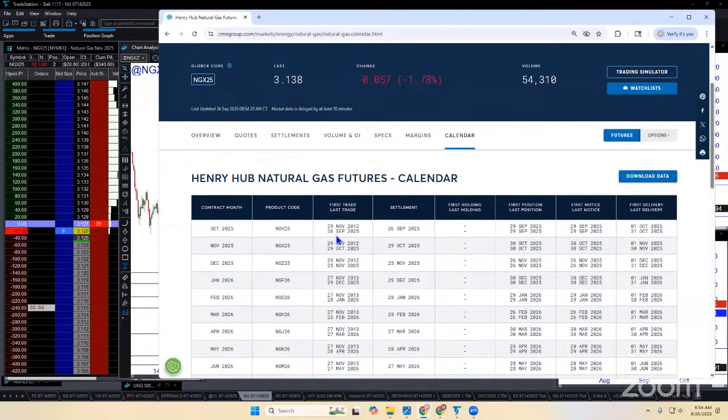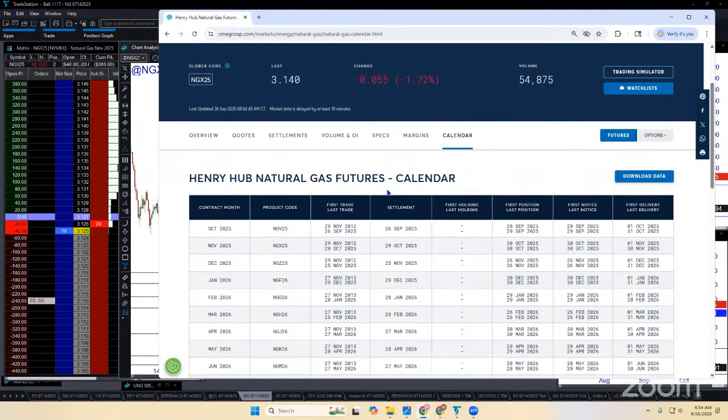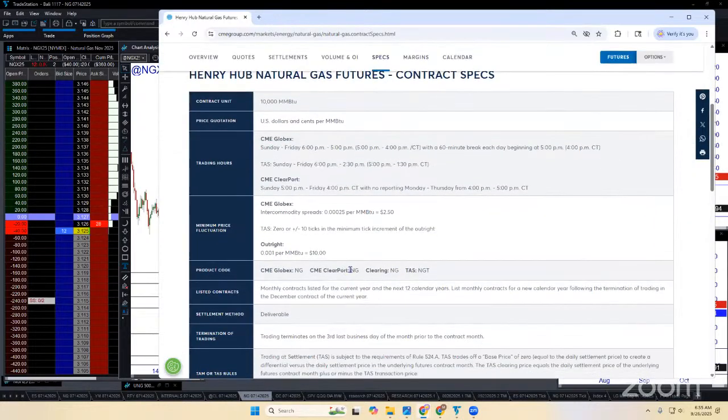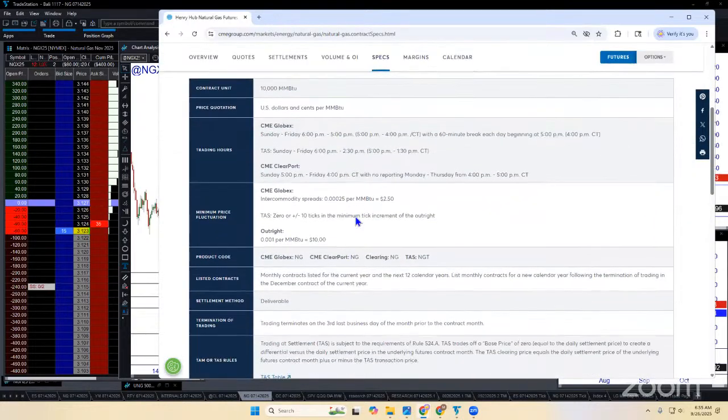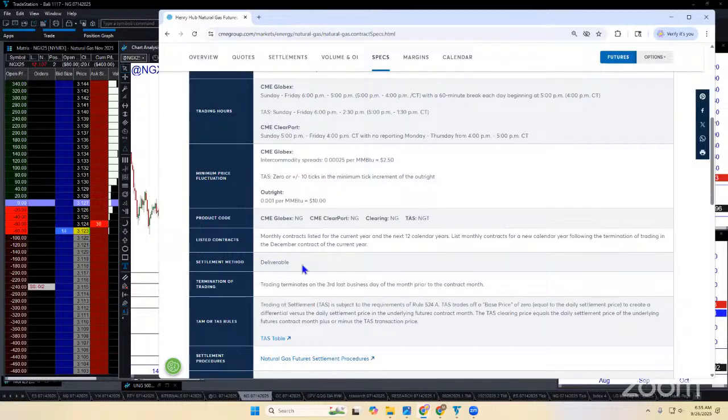Okay. Now we often see some pretty good characteristics around these commodities around last trade date. Last trade date is when anybody that's not wanting to take delivery must be out by the end of the session today, if you're still holding a nat gas future, because nat gas futures, when you look at the contract specs, are a deliverable product.